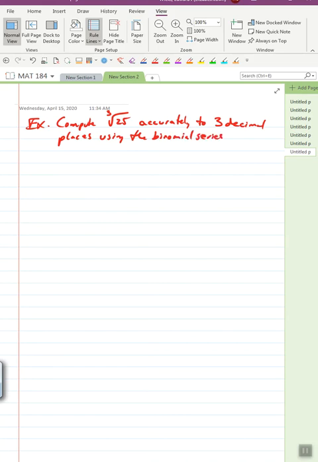So I want to compute the cube root of 25 accurately to 3 decimal places using the binomial series for 1 plus x to the 1/3.